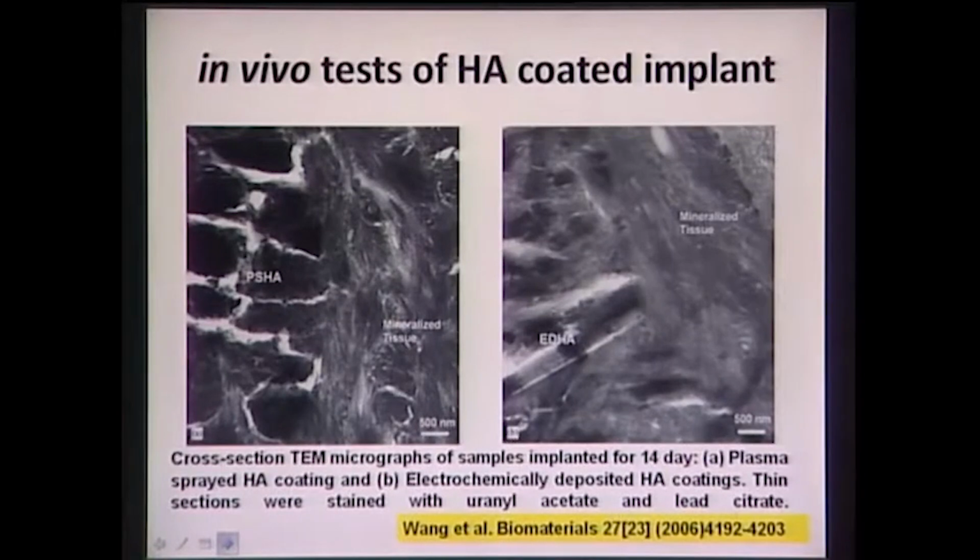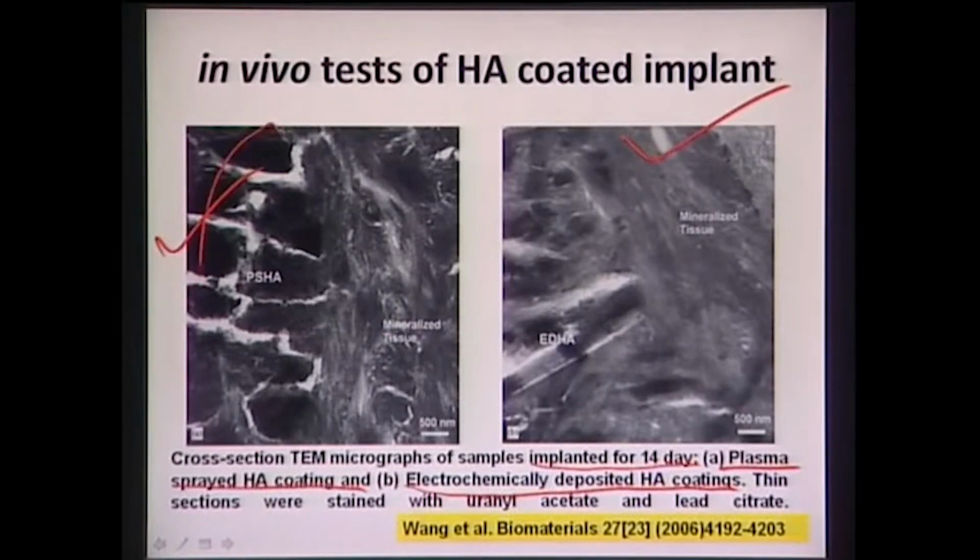Okay, these are transmission electron micrographs, and they essentially tell you what happens after implantation for 14 days. So here we investigated 2 materials. One is a plasma sprayed hydroxyapatite coating, and another one is an electrochemically deposited hydroxyapatite coating. So plasma sprayed hydroxyapatite coating is this one, electrochemically deposited is this one.